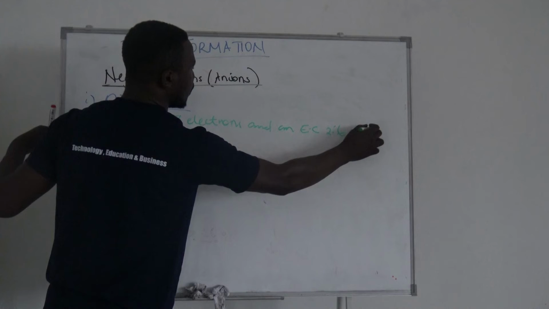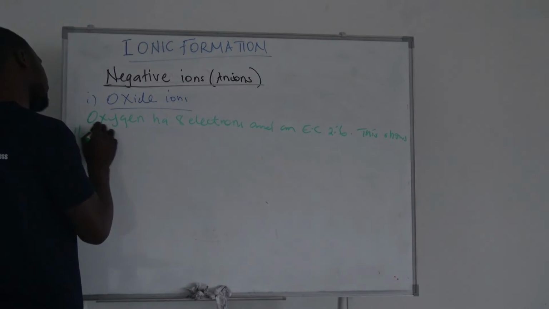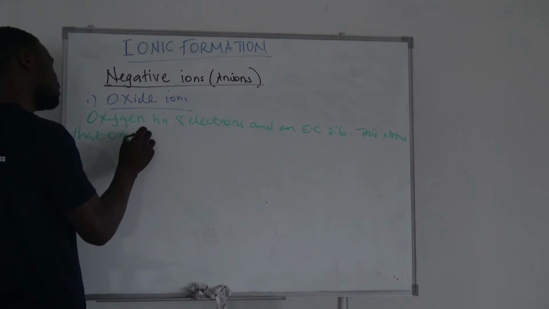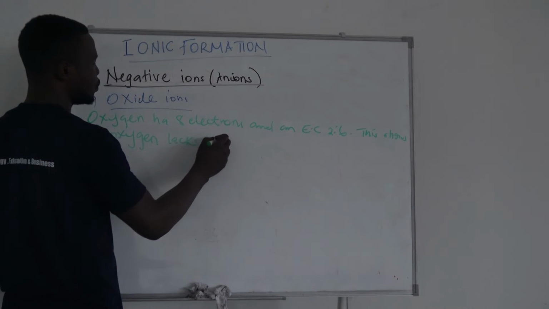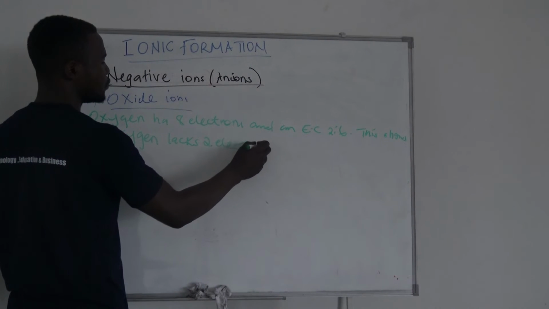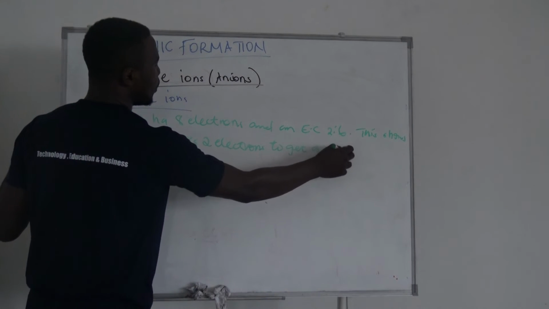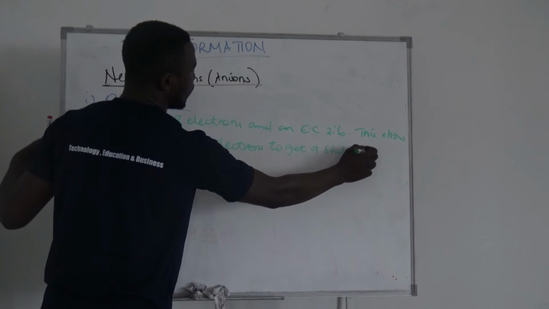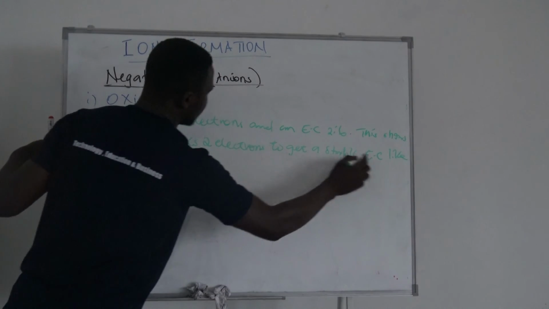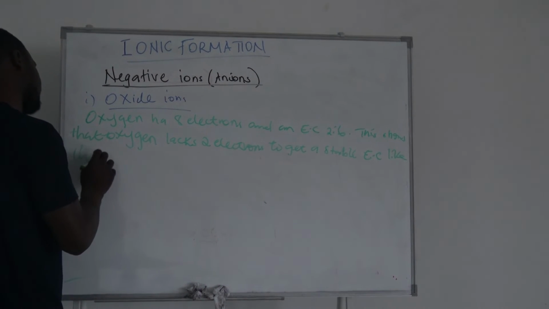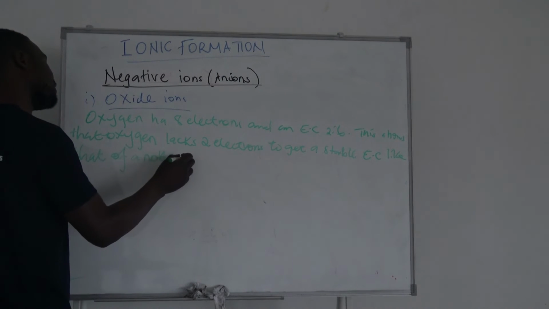This shows that oxygen lacks 2 electrons to get a stable electronic configuration like that of a noble gas.